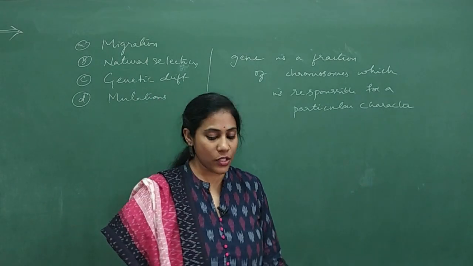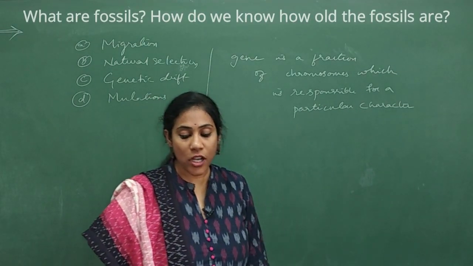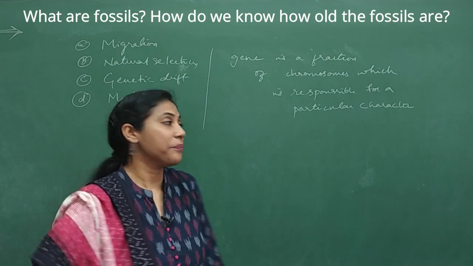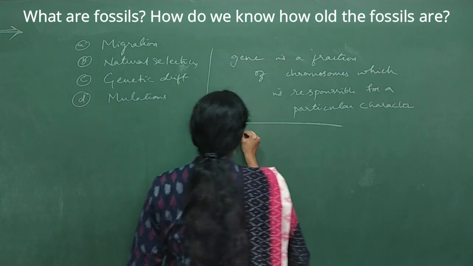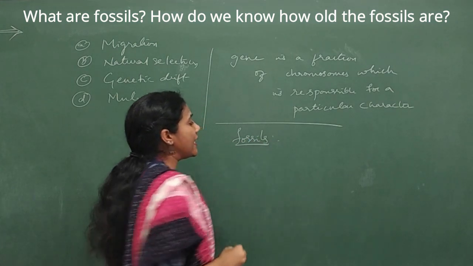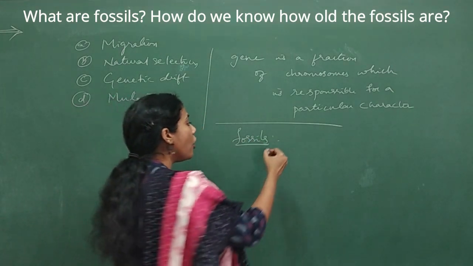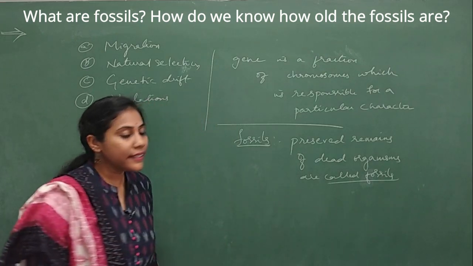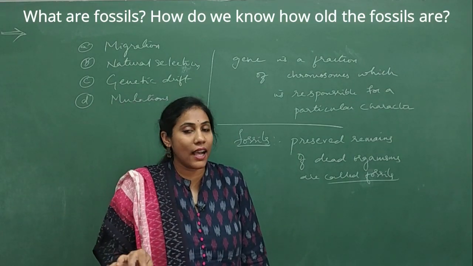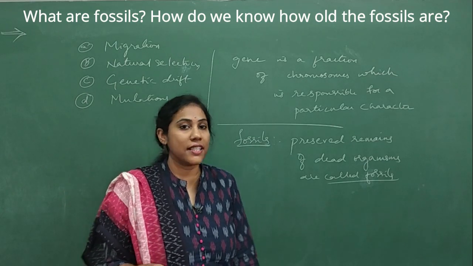And coming to the last question, what are fossils? How do we know how old the fossils are? So we all know the definition of fossils, isn't it? So the dead remains of living organisms are called fossils. Okay, so how do we know which fossil has what age? I mean, how do you know how old the fossil is?